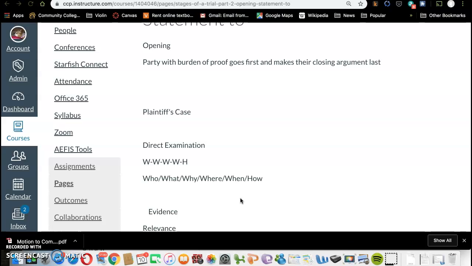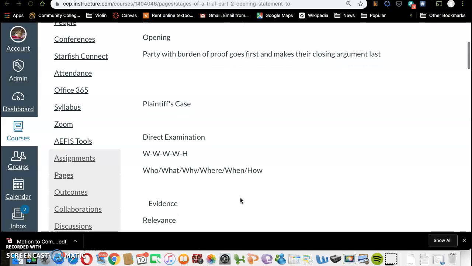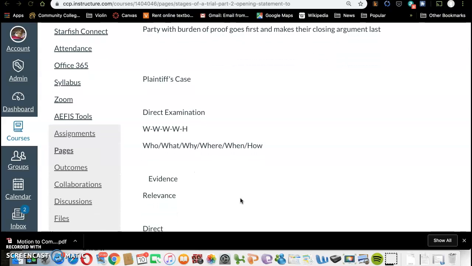There will be evidence. Evidence will be introduced. Generally, a physical item will be marked for identification, so it'll be Exhibit 1. The evidence will need to be relevant. That is, it has to have some bearing on the issues that are involved in the case for it to be admitted into evidence.